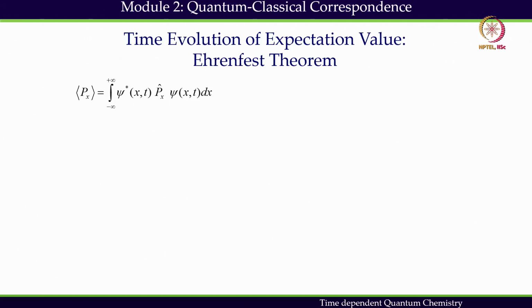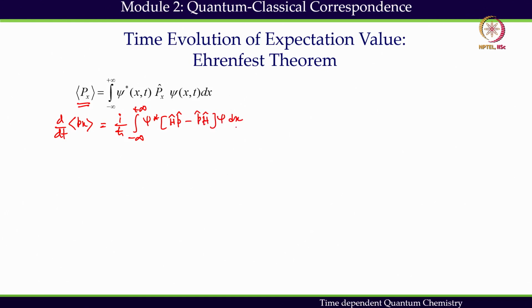Similarly, we can follow what would be the average or the expectation value of the momentum, and we can calculate it very easily right now because we have seen the derivation for the position space. So, a similar derivation can be used for the momentum, and we will be able to write this directly: i by h cut, integral from minus infinity to plus infinity, psi star, the commutator of h and p, that is h p minus p h, psi dx.